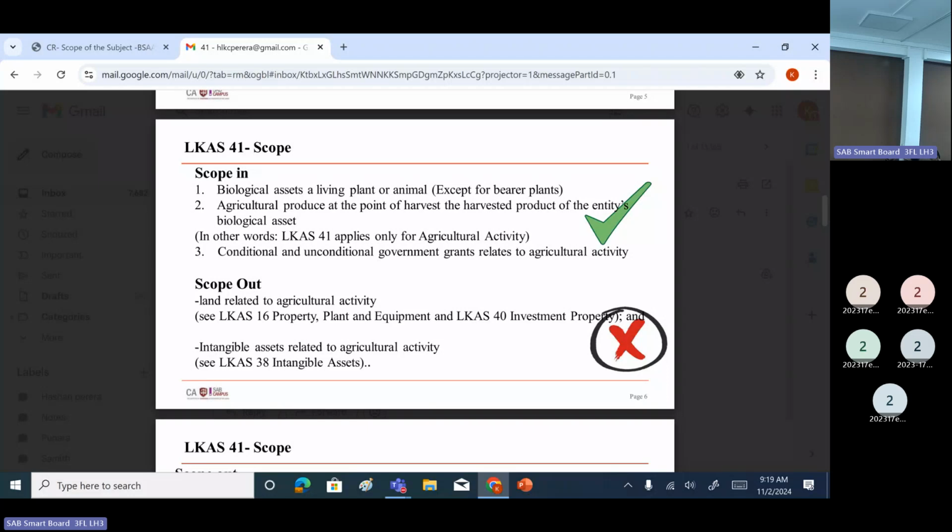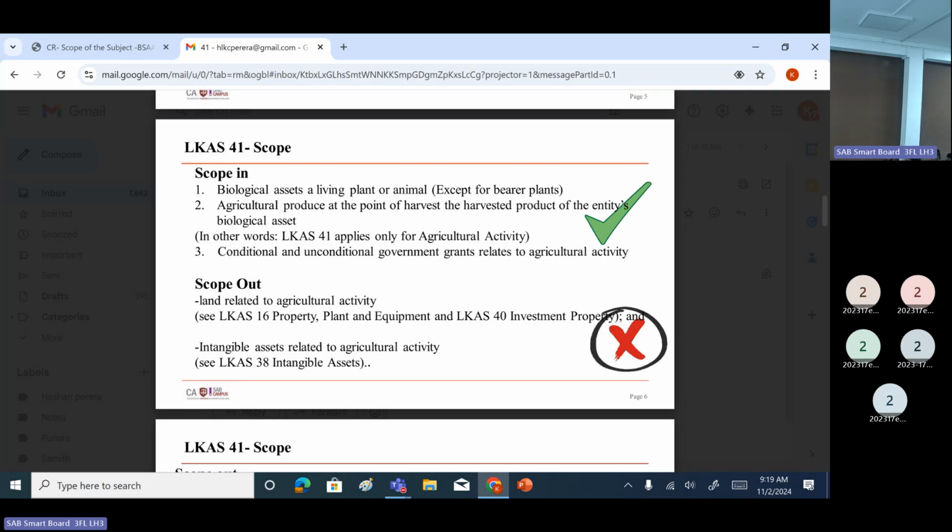Biological asset: living animal and living plant. Living animal can be divided into bearer animal and consumable animal. Living plant: bearer plant and consumable plant.